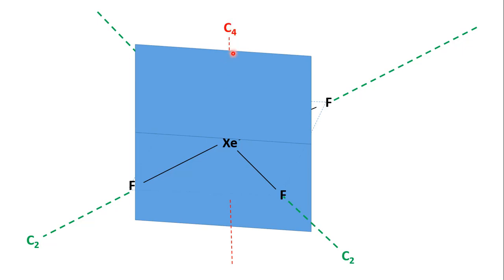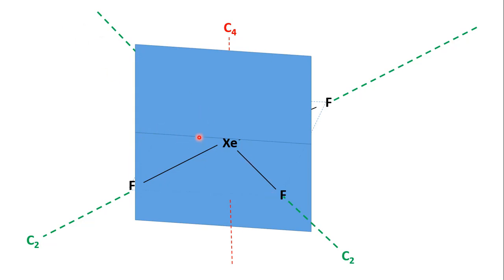Since it contains the principal axis C4, it is a vertical plane of symmetry, but this also bisects two C2 axes. This is one C2 axis in front of the plane, this is another C2 axis behind the plane.